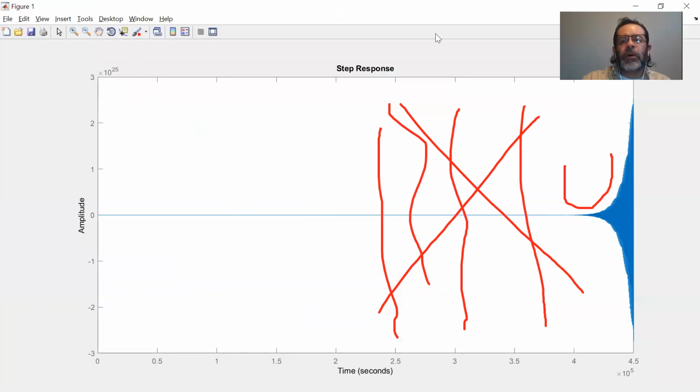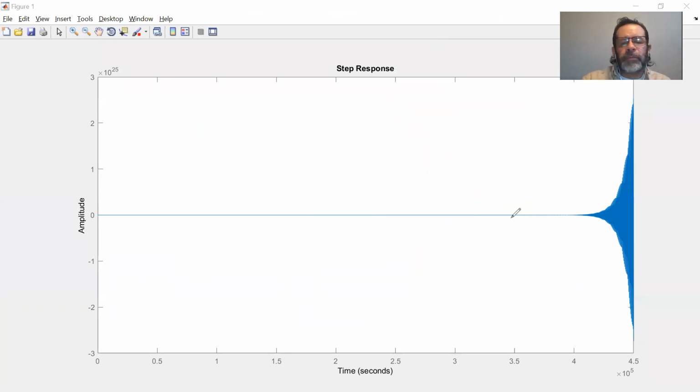So lo and behold, we have an unstable system for that value of K. It's going to be flat, and then boom, it's going to start going unstable. So we can roughly find the range of stability using the root locus plot, which is also going to be useful.